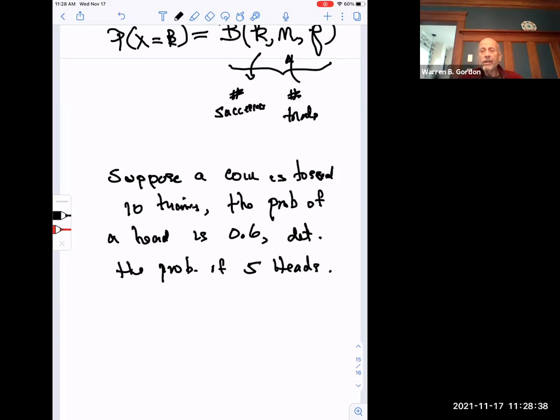Well, this is clearly a binomial distribution. The number of times I'm tossing this coin is 10. The probability of success, of getting a head, is 0.6. And we want to know the probability of getting exactly 5 heads. That's the question.